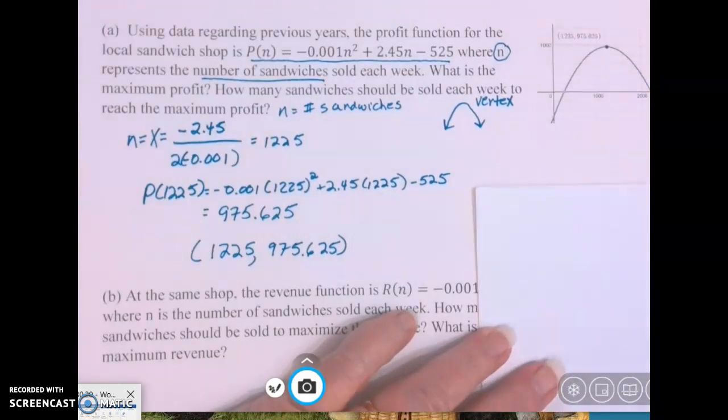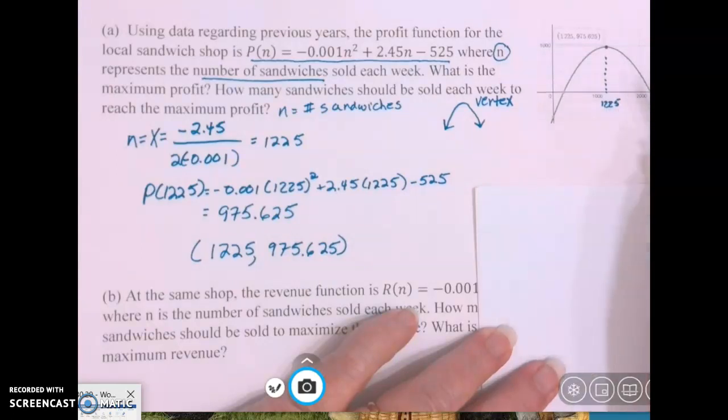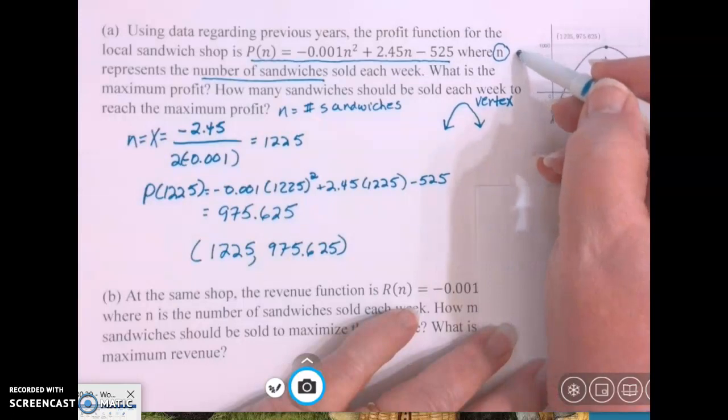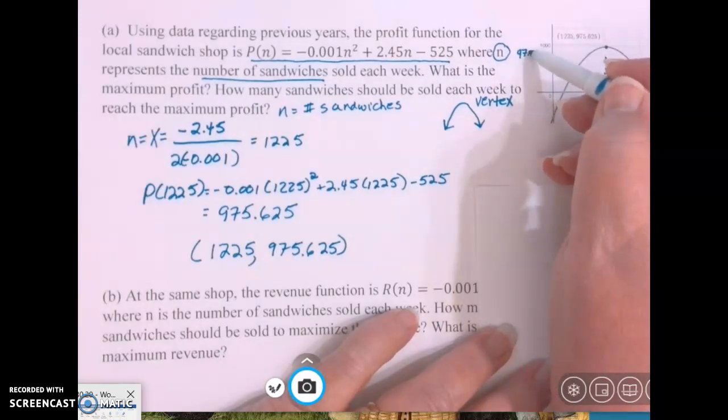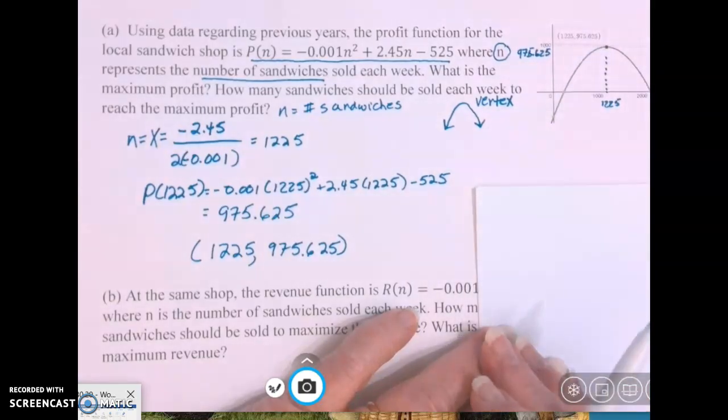But what we have to be able to do once we find that vertex, whether we find it using the algebra or whether we look at the graph in Desmos or in a graphing calculator, is interpret what that means. So this point corresponds to 1225 on the x-axis and 975.625 on the y-axis. We have to answer two questions.